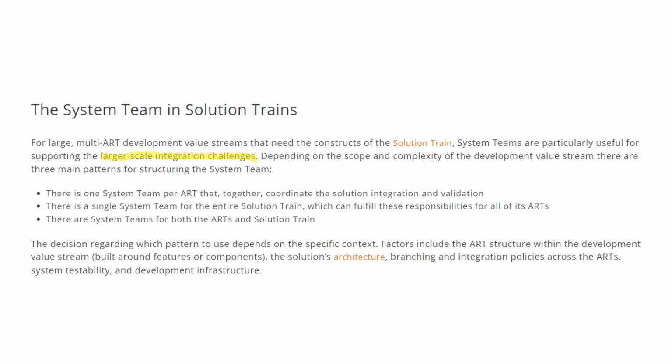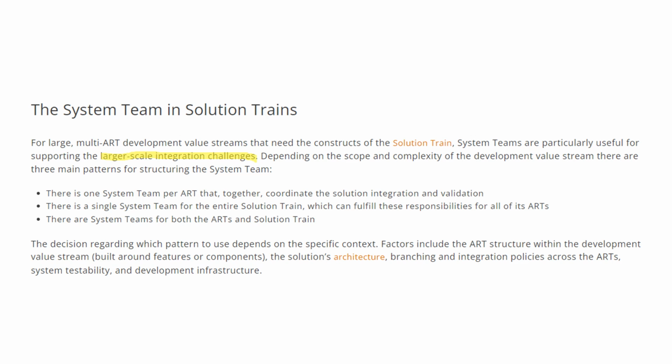Depending on the scope and complexity of the development value stream, there can be three patterns of structuring the system team in a multi-ART environment. The first pattern is one system team per ART, and all the system teams together coordinate the solution integration and validation.